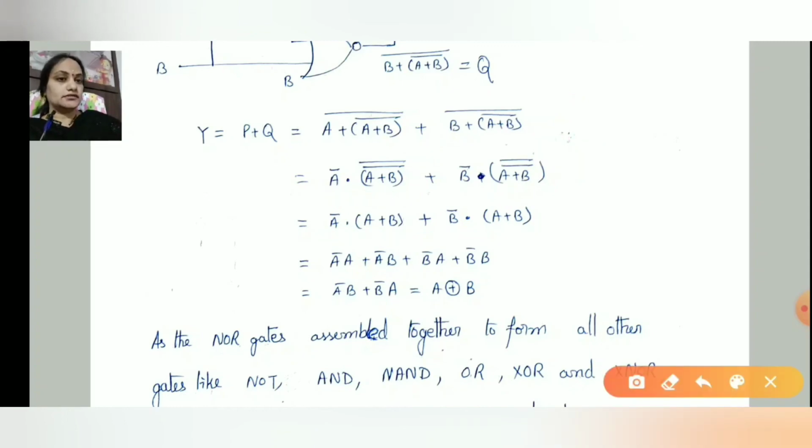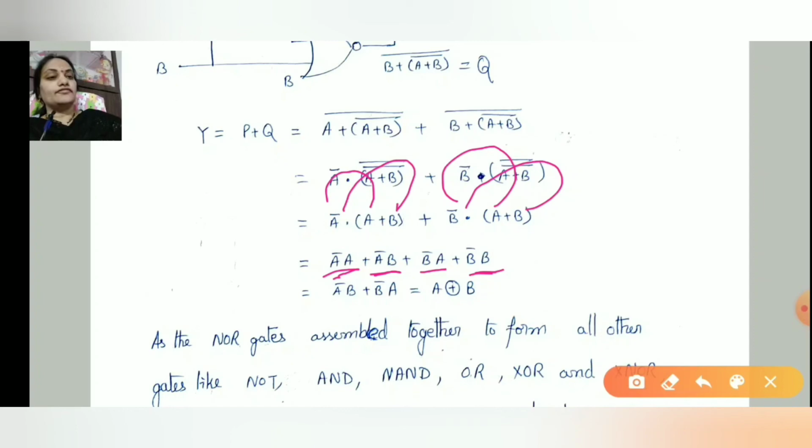Again multiply A bar to A. That is term 1. And again A bar to B. This is term 2. Again B bar to A, B bar A. Next B bar to B, B bar B. Now from the Boolean law, x into x bar, what is the value for it?